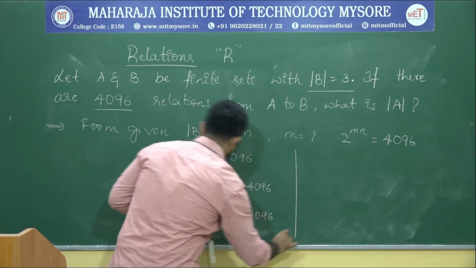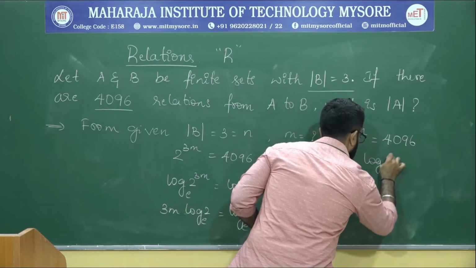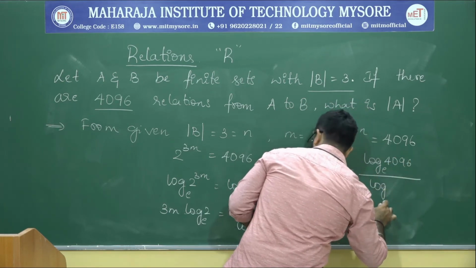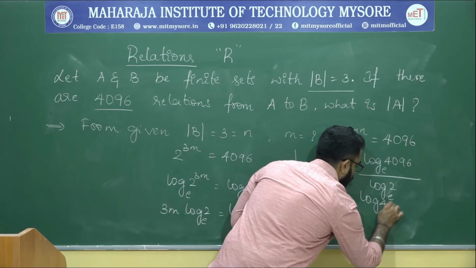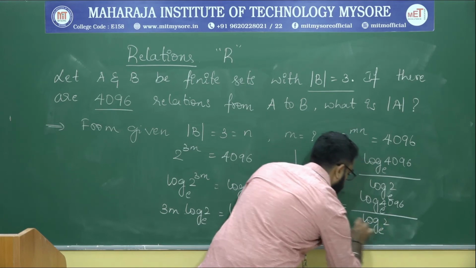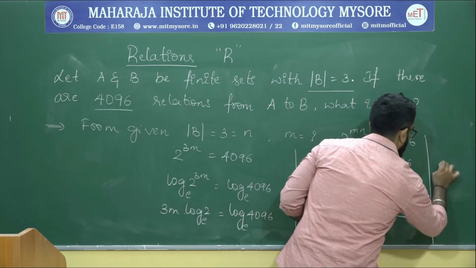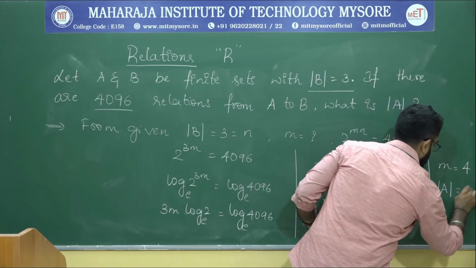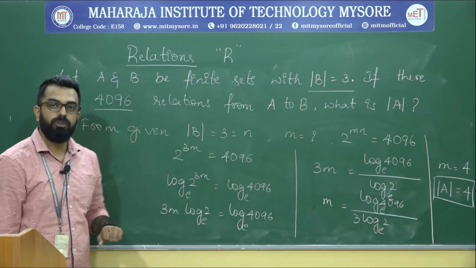Now on simplifying this, 3m is equal to log 4096 to base e divided by log 2 to base e. The 3 is also brought up here. So the size of m is equal to 4. The size of set A is equal to 4.